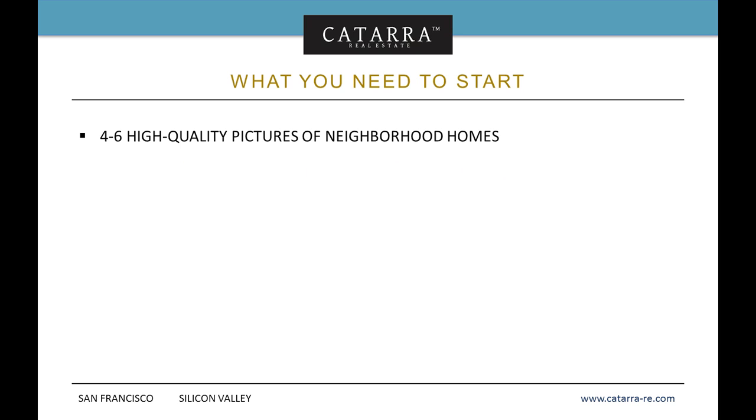So what you need to start are pictures of homes in the neighborhoods in which you would want to target your marketing. These ads are going to target people in very specific areas where you do business. Pictures are what grab people's attention on Facebook. That's the thing that gets the like, and the click to get into your ad, to get you the lead. So the pictures are everything.